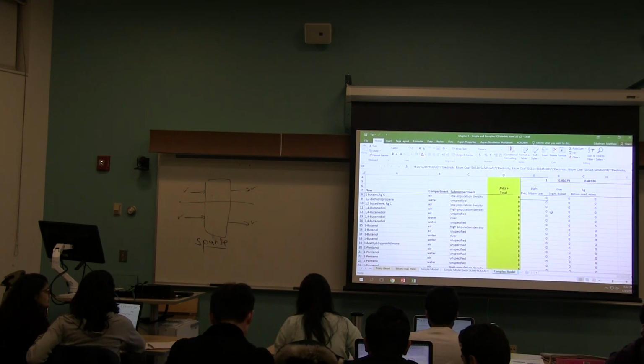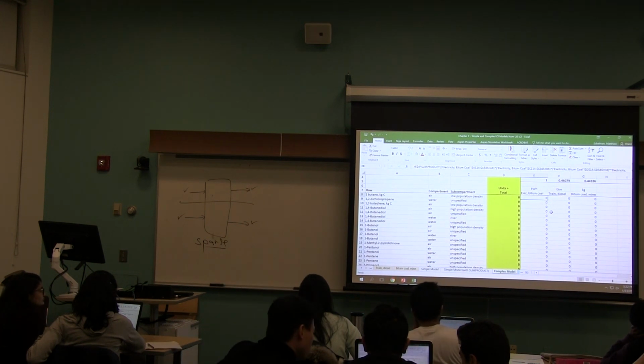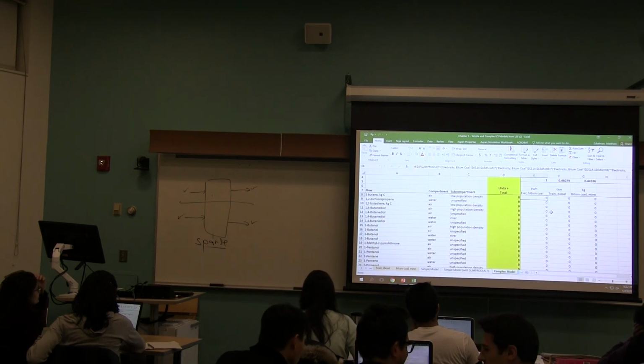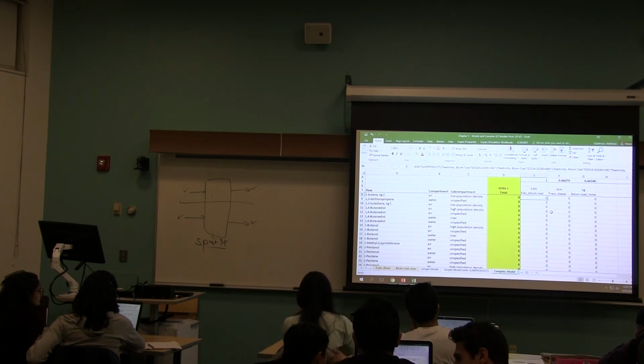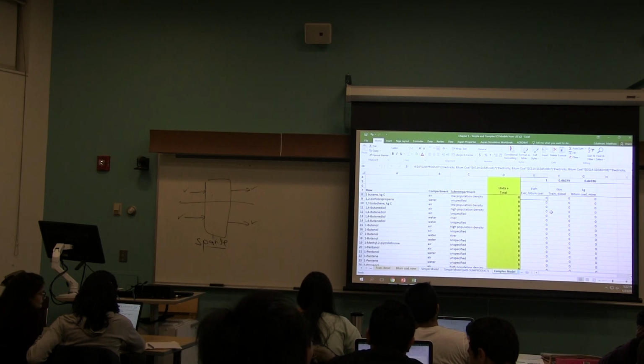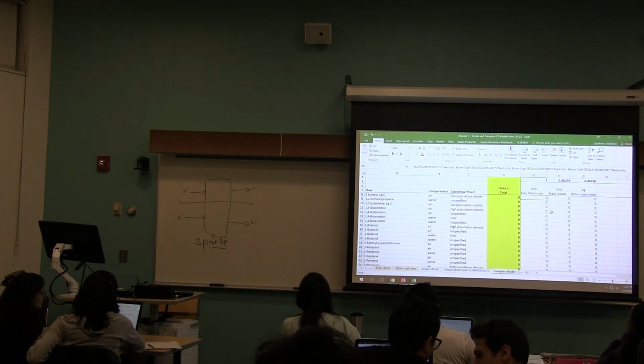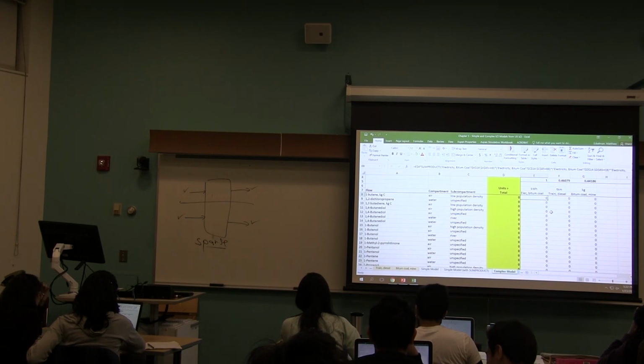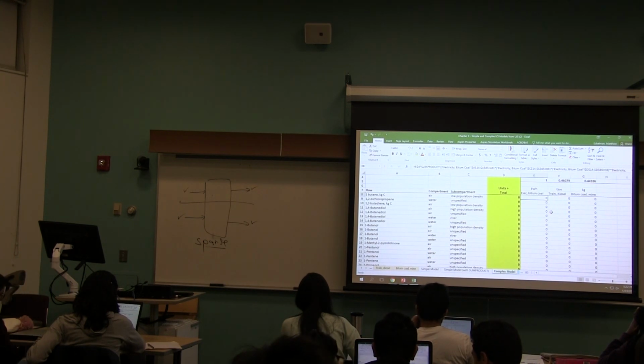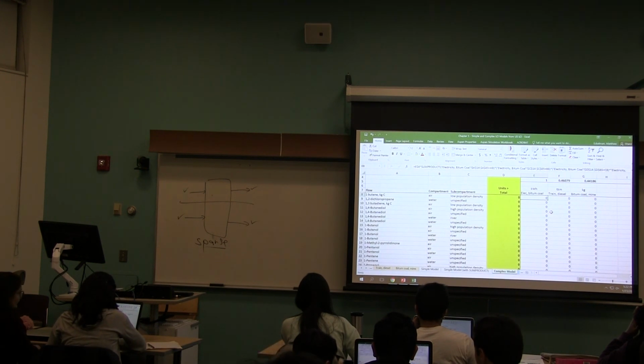So, do you mean why is there a dollar sign there? E4 is the cell E4. To produce 1 kilogram of coal, this tells you that there's some waste involved.